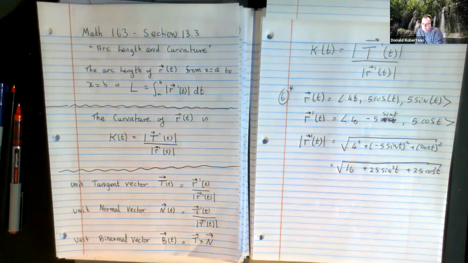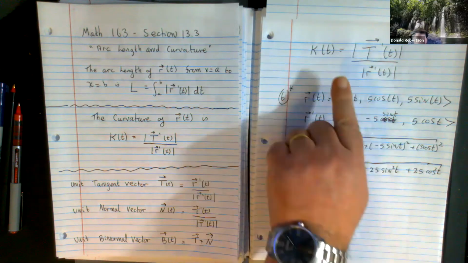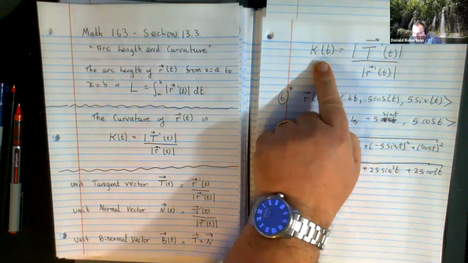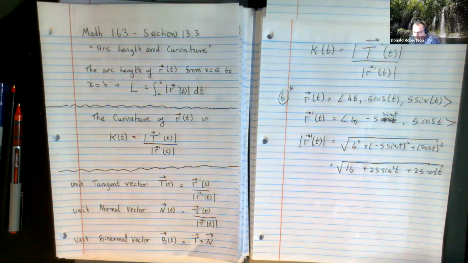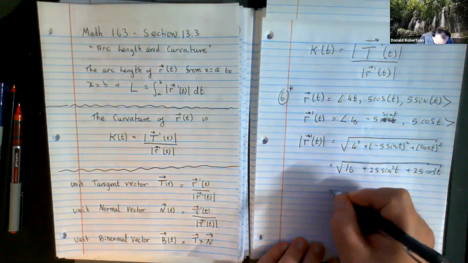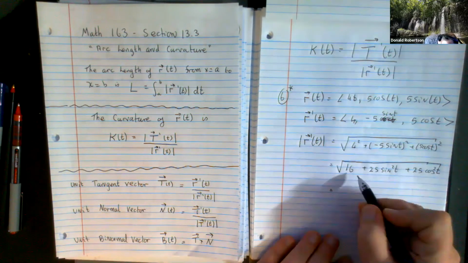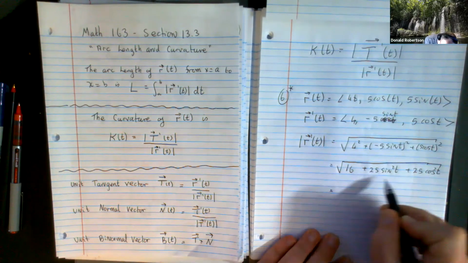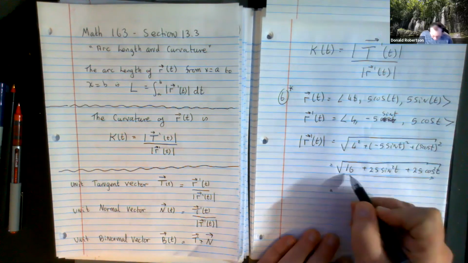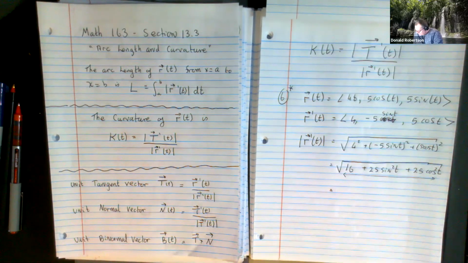Now, for most space curves, the curvature is a function of t. At one place, the curvature is 4, at a different place it's 0, at another place 99, and so on. So it typically is a function of t, but let's see what it is in this case. Is there anything you can do to this expression, style points, that might make it simpler?